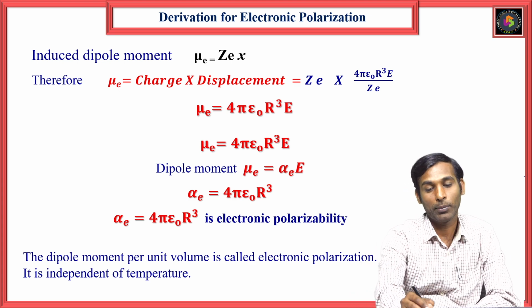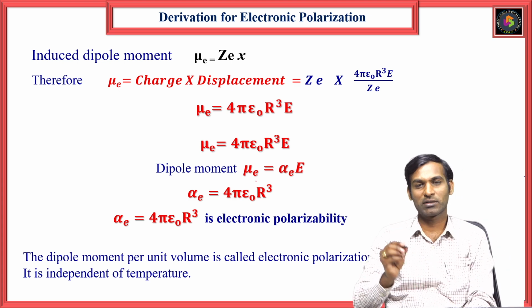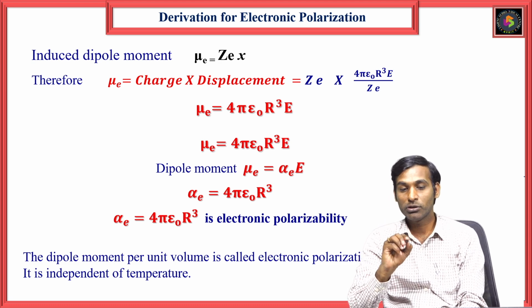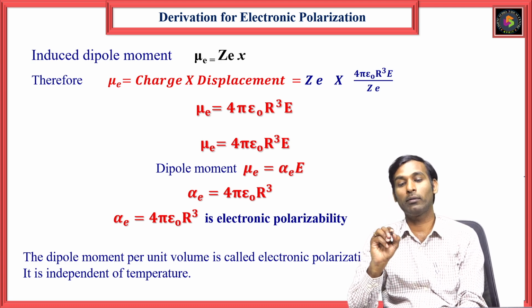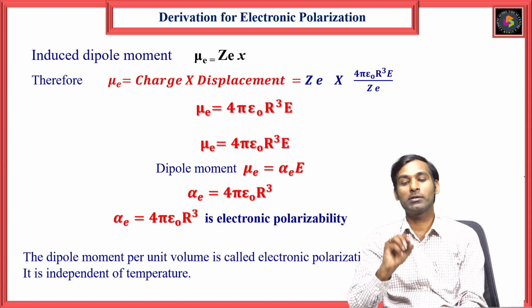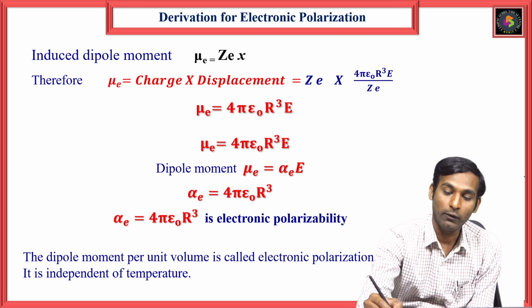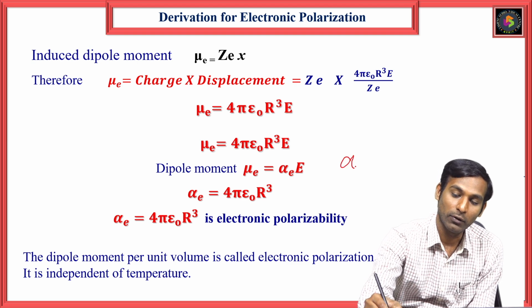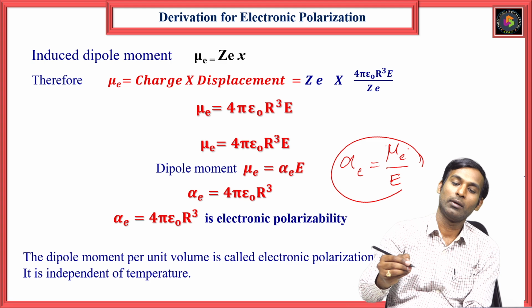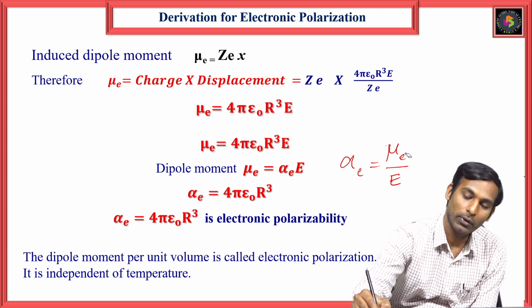So, when the induced dipole moment is increased, that means the strength of the electric field increases. The induced dipole moment also increases. That is the reason for the electric polarization. So, here alpha E is equal to mu E divided by capital E. This is the polarizability of electronic polarization.